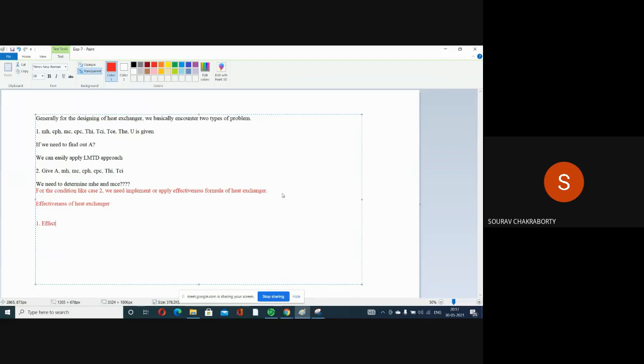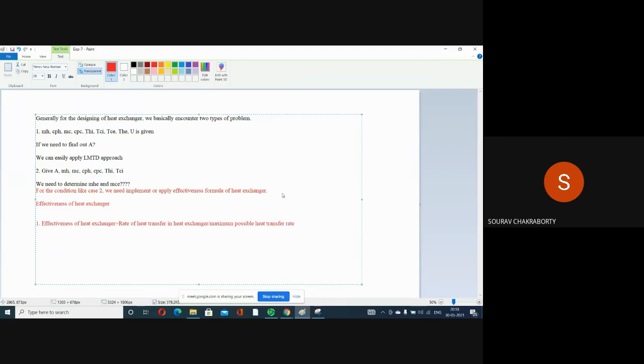So the effectiveness of heat exchanger is equal to the rate of heat transfer in heat exchanger divided by the maximum possible heat transfer rate. So this is the initial way.